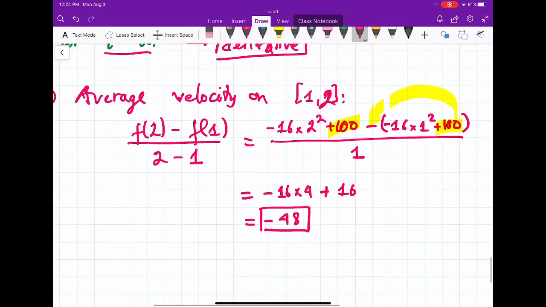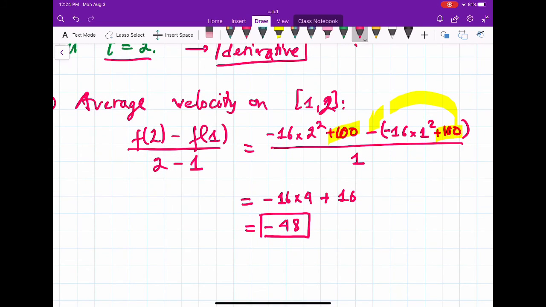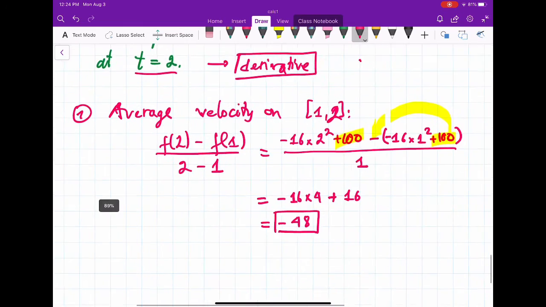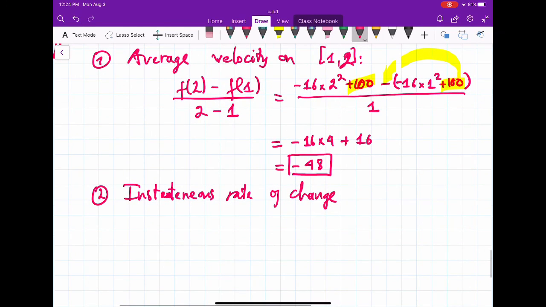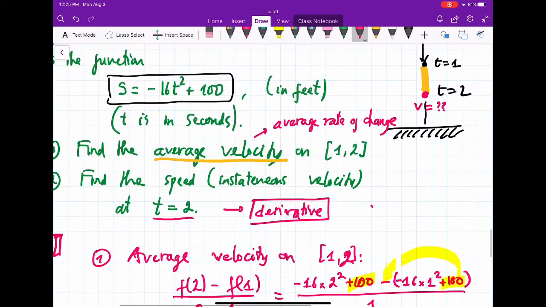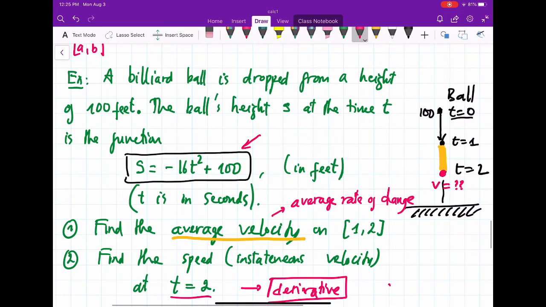We have negative because, again, the ball is falling down. Now, let's talk about the instantaneous rate of change, meaning the velocity at t equal to 2. So I have to find the derivative, f prime of t. I need to apply the power rule for this function because we have a power in here.